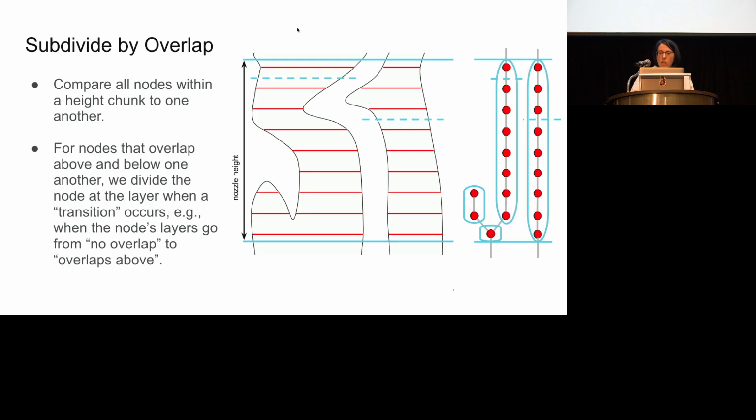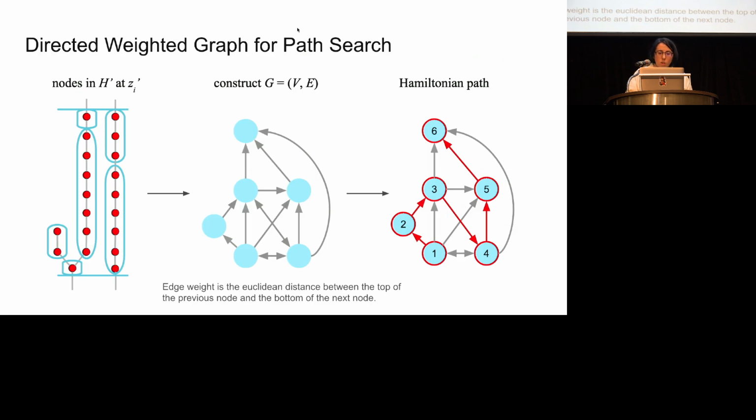And within each of these nozzle height sections, we verify that no collection of isolated regions overlaps both above and below any other node, and if they do, we split them into a different node and eliminate the possibility of collision. Once we have our set of collected nodes, we search for a printable ordering of them.